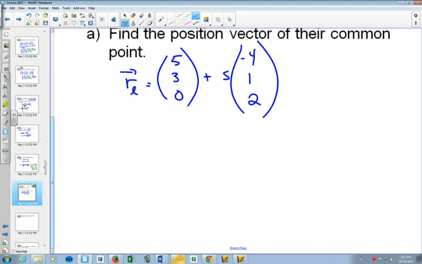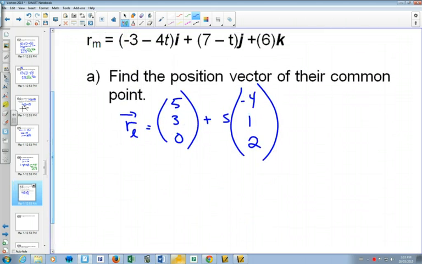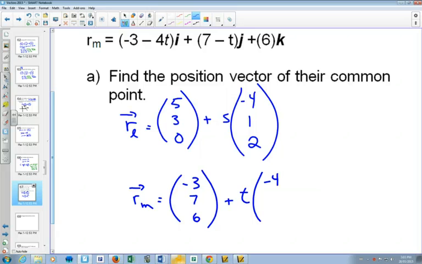And my second line has a -3, a 7, and a 6. The parameter is t. We have a -4 with the x, a -1 with the y, and nothing with the z.